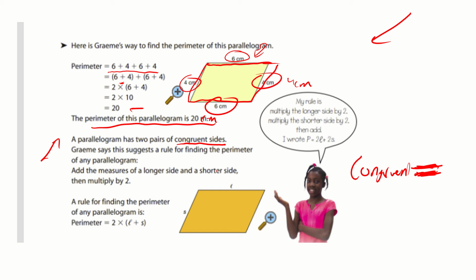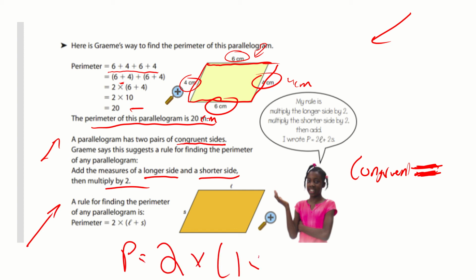Graham says this suggests a rule for finding the perimeter of any parallelogram. Add the measures of a longer side and a shorter side, then multiply by 2. A rule for finding the perimeter of any parallelogram is P equals 2 times long plus short.